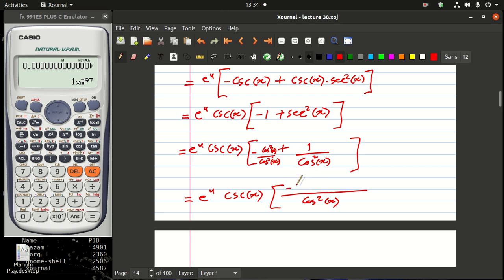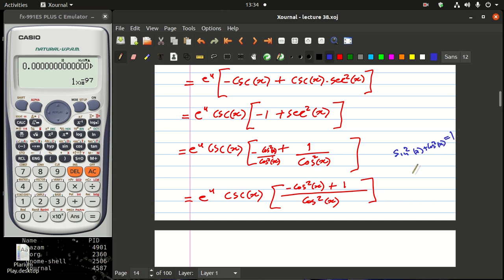I'm still going to have minus cosine squared x, and then plus, and then this one divided by that is going to be 1, and then 1 times 1 is still going to be a 1. And one thing that we all know is that sine squared x plus cosine squared x is always going to be 1.